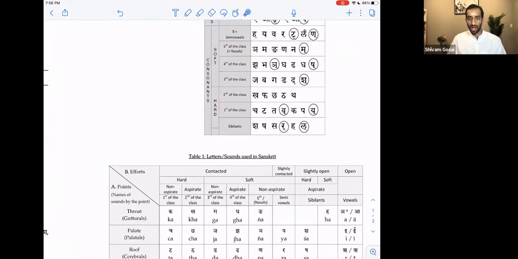Sorry, ha is included because you get it here. So most of the consonants except for the nasals and the semivowels plus hakara.